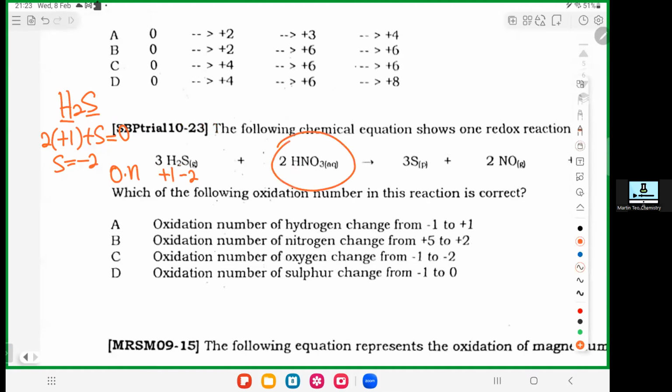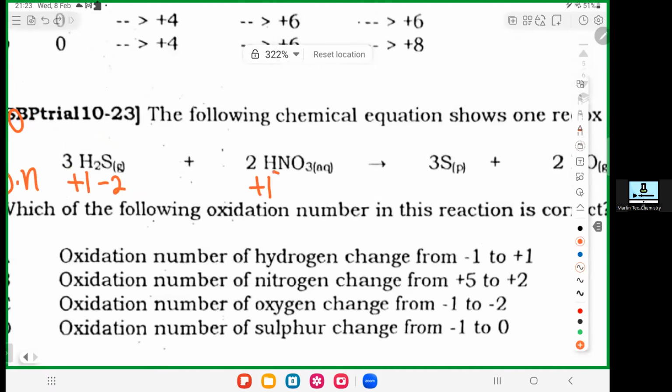Now do the same thing for nitric acid. Hydrogen is always +1. Now, the nitrogen here, do I know it? Can we treat NO3 as a whole here, as -1, just like the one we had just now? The answer is no. Why? Listen carefully.